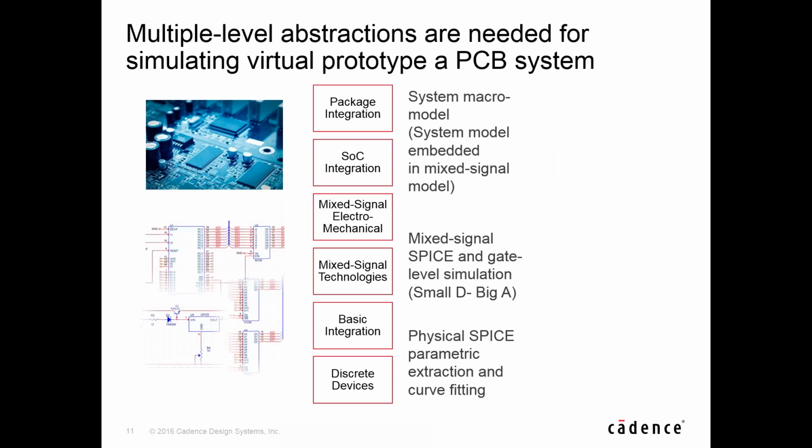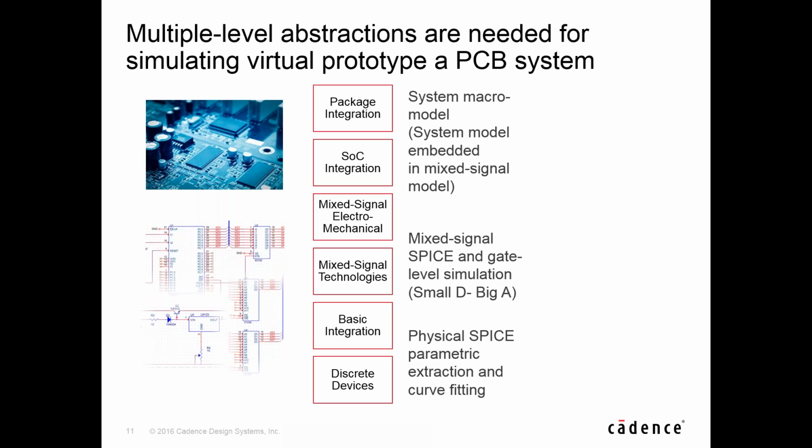So how is this done? If you were to think of a system, a system could be a single PCB, multiple PCBs. There's going to be different devices and different circuits in that design that you are going to need to model at different levels of abstraction depending on where you need the details. So it could be your traditional SPICE level models all the way down at the bottom modeling discrete devices.